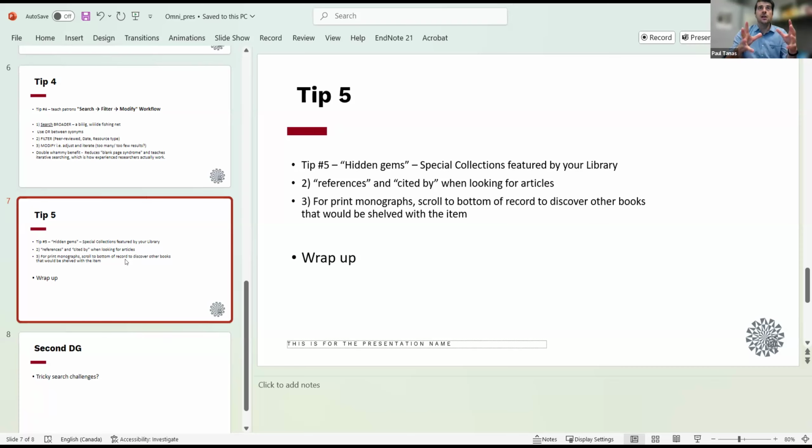Always try to apply the reference interview to the best of your ability. I've also put a point in my wrap up conclusions about veering away from OMNI and going towards databases.